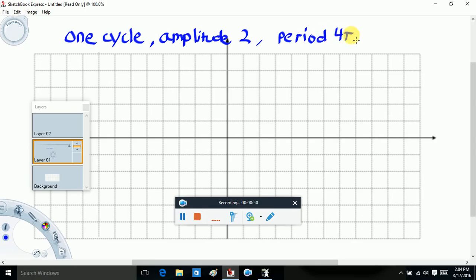So we know that the period is the horizontal length of one cycle.